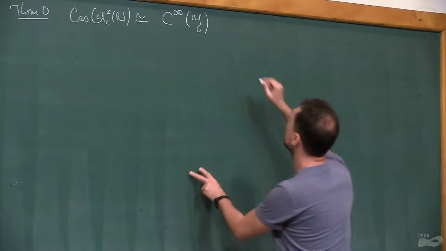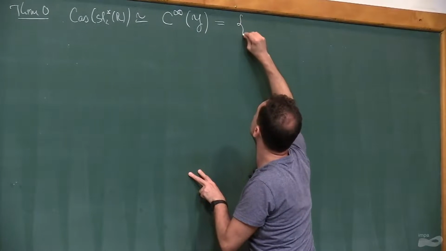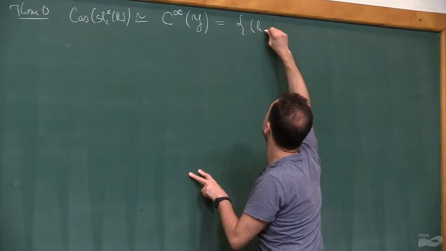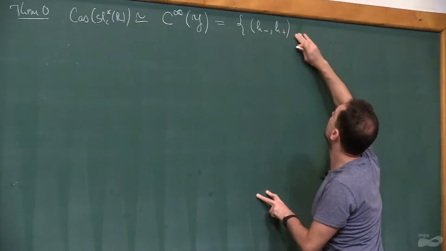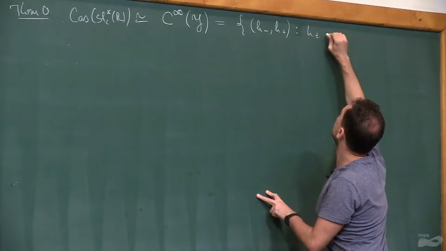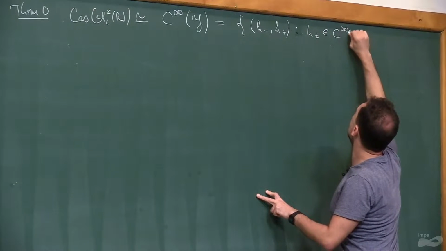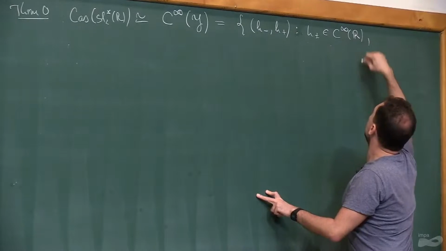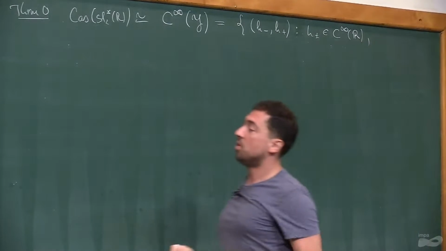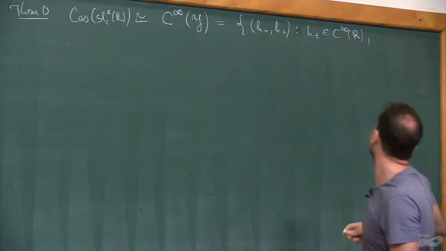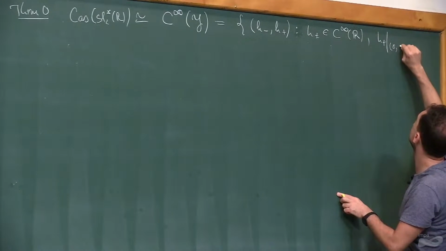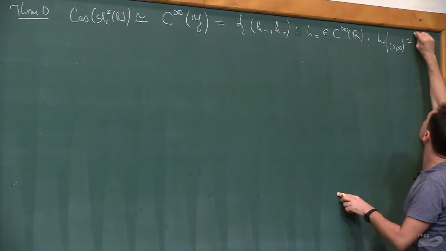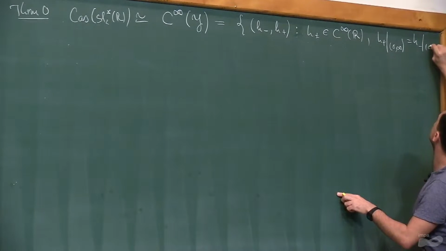They are basically pairs of functions, h minus and h plus. Both h plus and h minus are smooth functions on R, but they coincide on the half line 0 infinity. So h plus restricted to 0 infinity equals h minus restricted to 0 infinity.